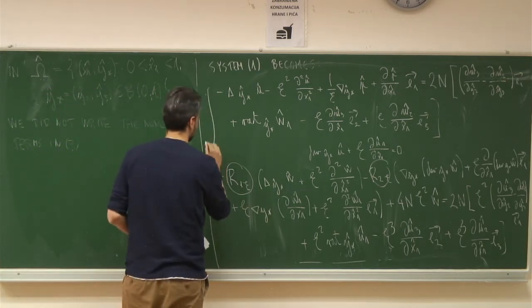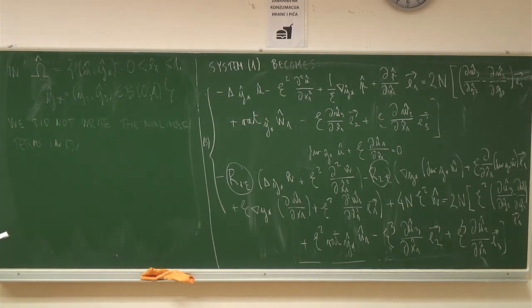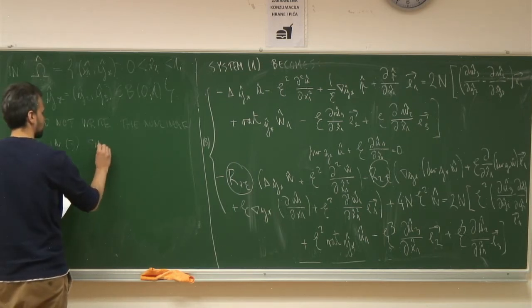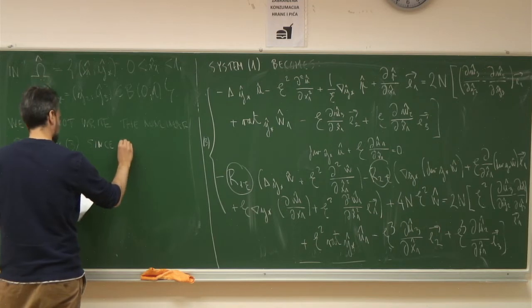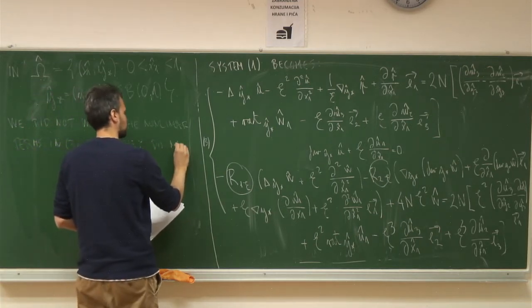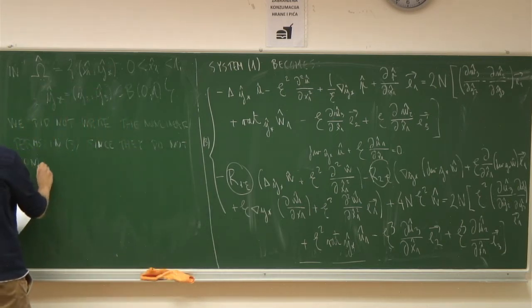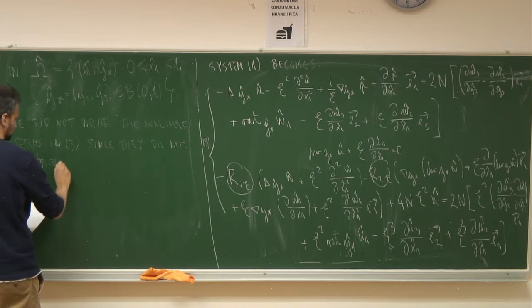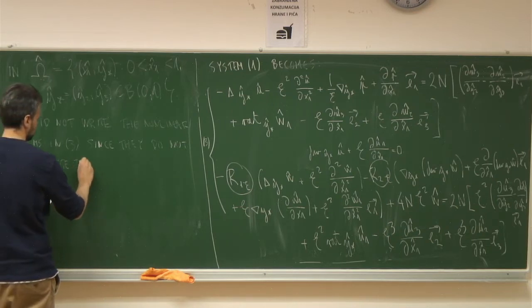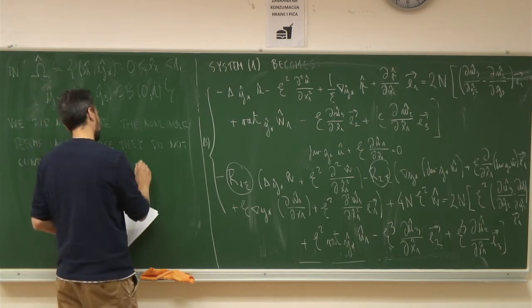I don't remember if I denoted the original system as 1 and the boundary conditions by 2. I think I didn't. So the nonlinear terms in 3, since they do not contribute to the macroscopic model.